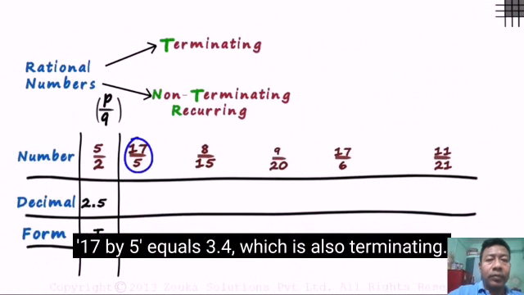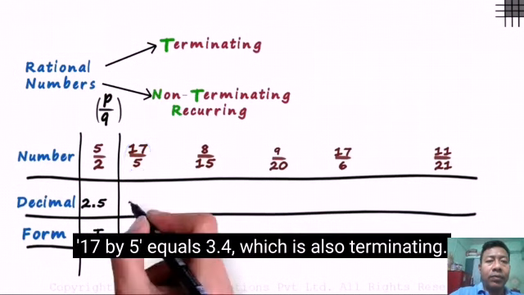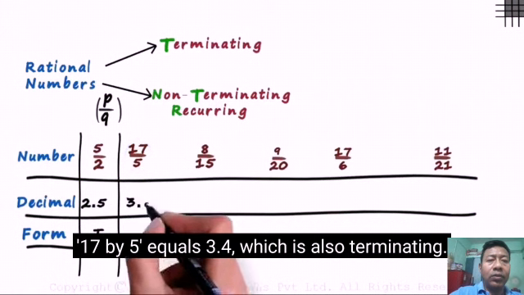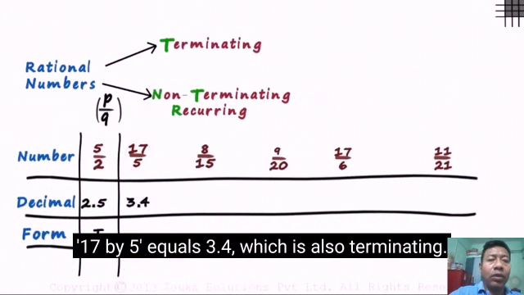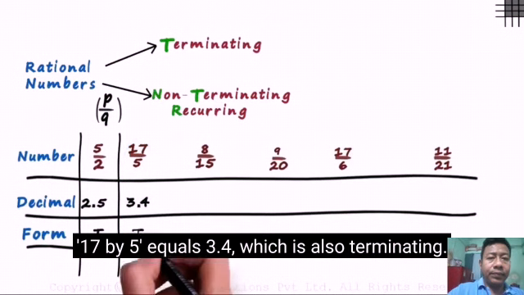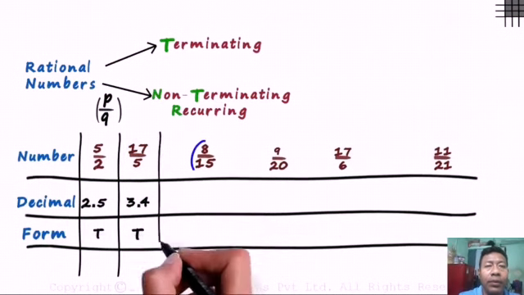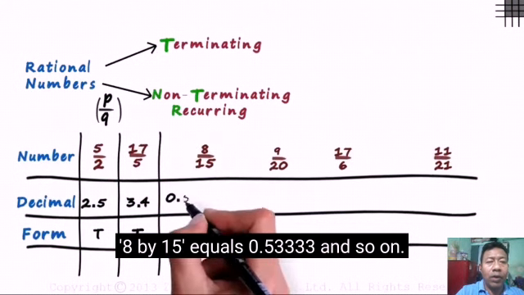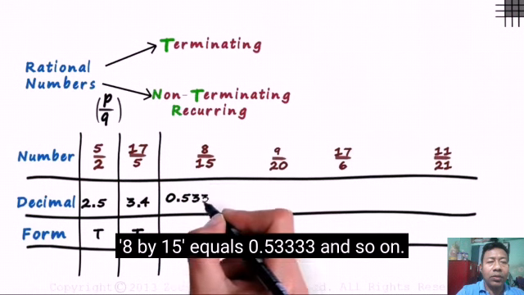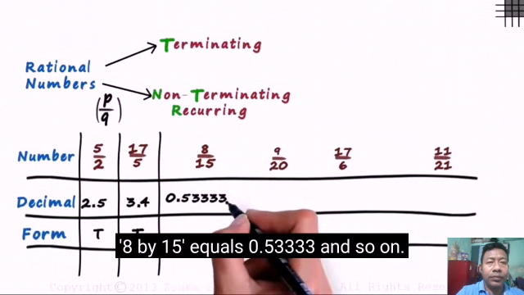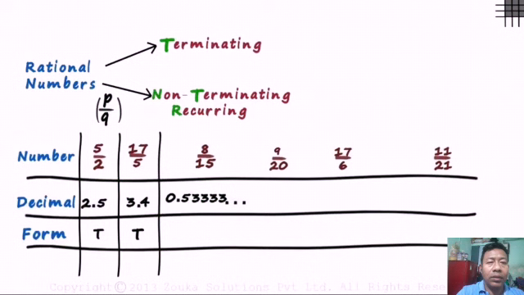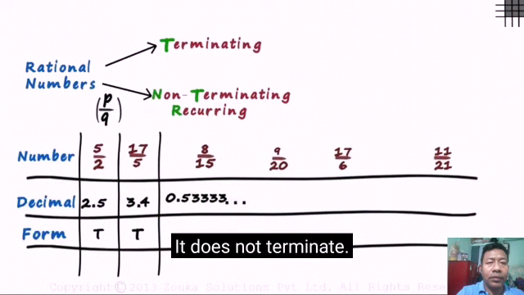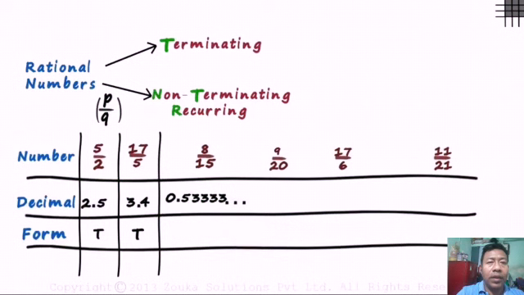Let's take another, 17 by 5 equal to 3.4, which is also terminating. So we write T. Let's take 8 by 15, which is equal to 0.5333 and so on. So this is non-terminating recurring. So let's write NTR.